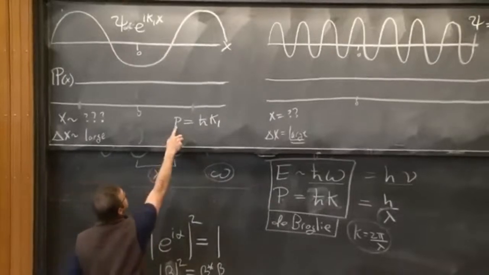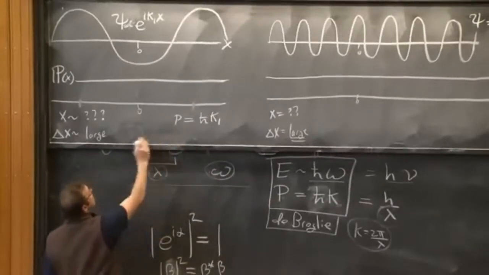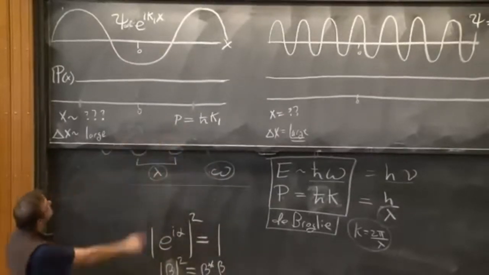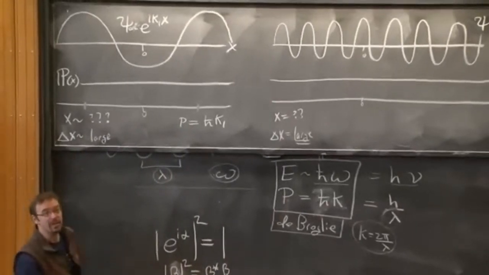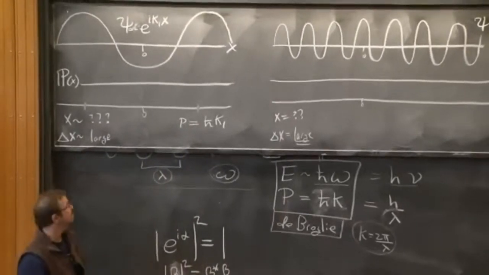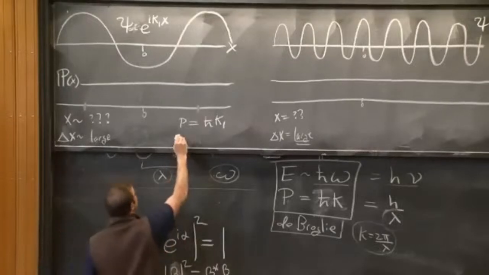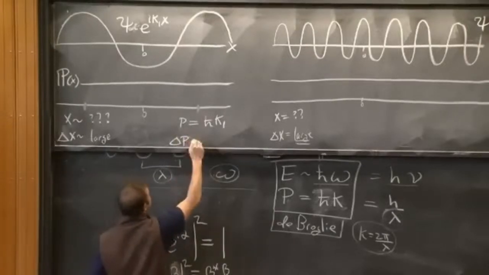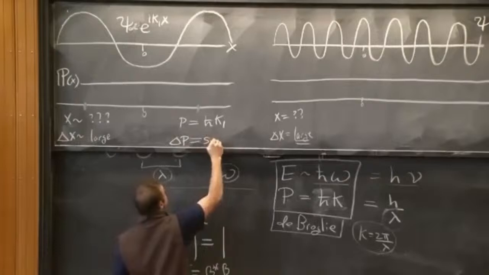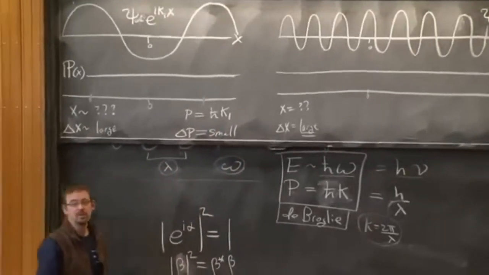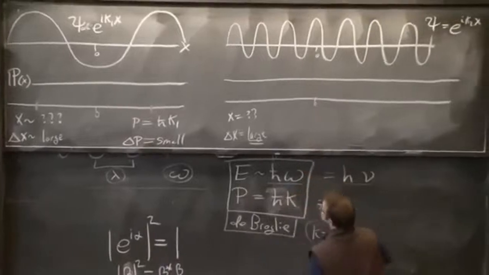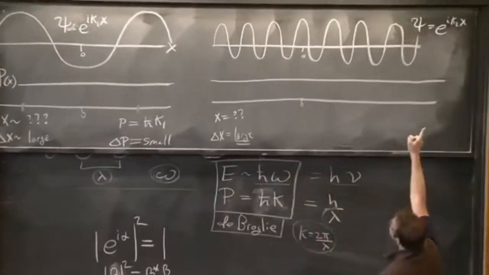Now, how confident can we be in that estimation of the momentum? Well, if I tell you it's e to the ikx, that's exactly a periodic function with wavelength lambda, 2 pi upon k. So how confident are we? Pretty confident. So our uncertainty in the momentum is tiny. Everyone agree? Similarly, for this wave, again, we have a wavelength.